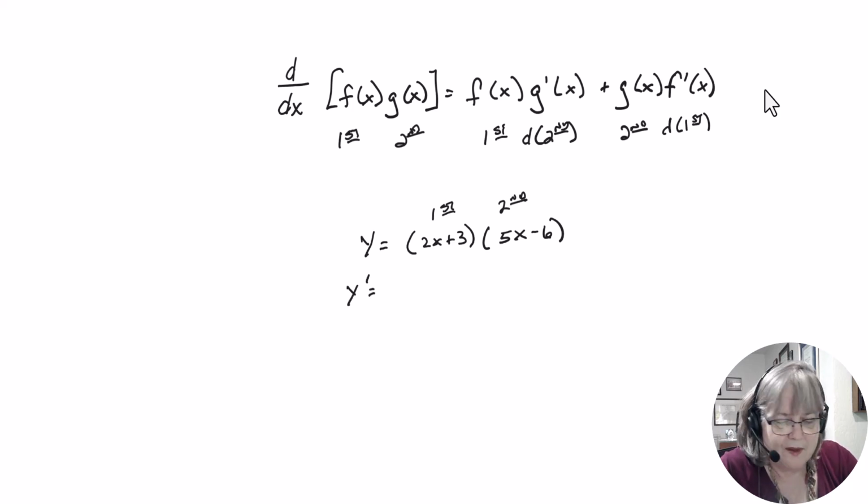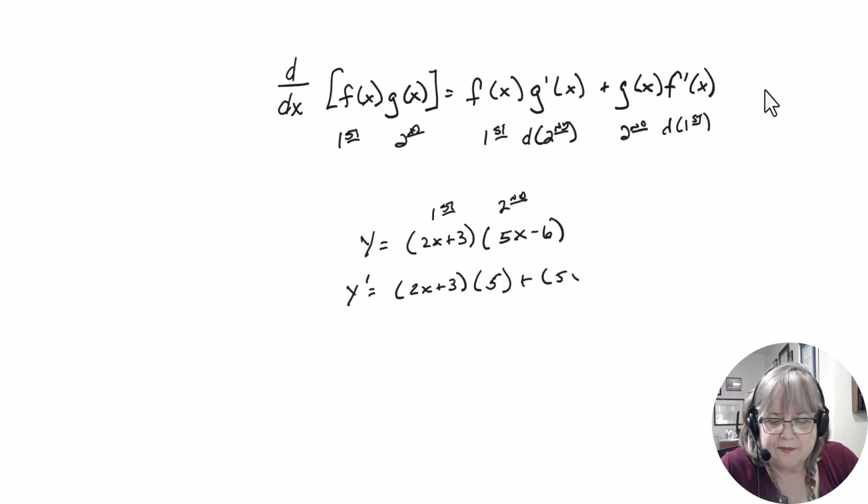So y prime would be, now we're going to say it one more time before we do it, the first times the derivative of the second plus the second times the derivative of the first. So it's the first factor as is times the derivative of the second. The derivative of 5x is 5. The derivative of 6 is 0.